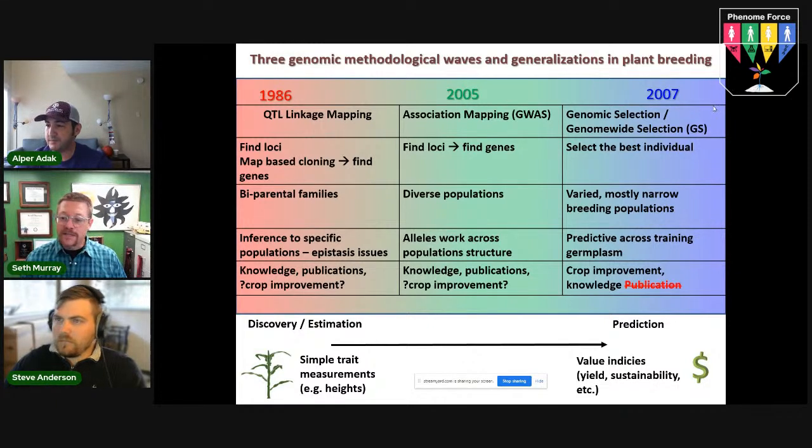And the whole philosophy here is different. Instead of trying to detect some type of biological phenomenon or discover some gene in some simple trait, we moved into prediction, trying to predict the value of each individual in a population. And this has been radically adopted by industry. Almost every commercial corn breeder uses some form of genomic selection to help them improve their selection.